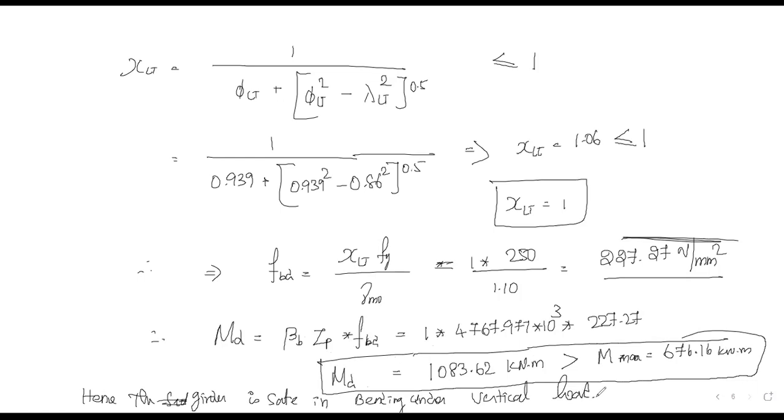Like this, we have to calculate for lateral load also, since in our gantry girder we can have vertical load as well as horizontal load.